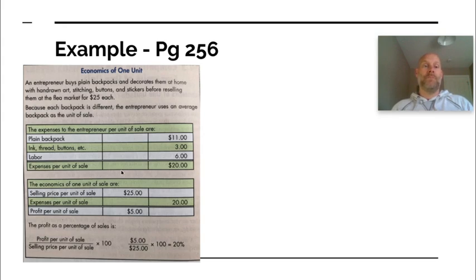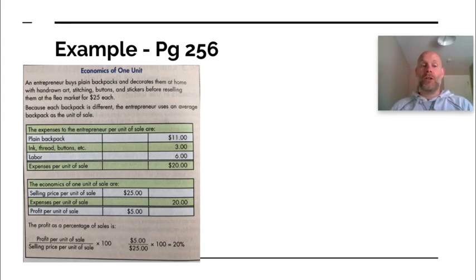Expense per unit of sale comes to a total of $20. So all in all, it's costing this entrepreneur $20 to make this backpack that they're going to sell. The selling price is $25, and then of course subtract out your $20 cost, gives you a $5 profit per unit. And if you look down at the bottom, it shows you how to calculate the percentage on that. $5 divided by your $25 sale price, $5 being your per unit profit, $25 your per unit price, times 100 gives you a 20% profit margin.